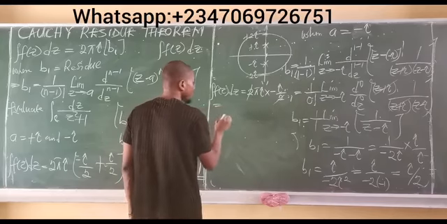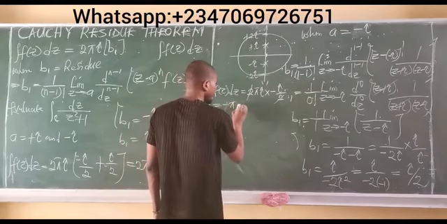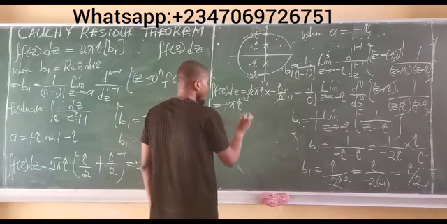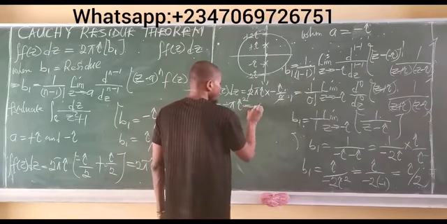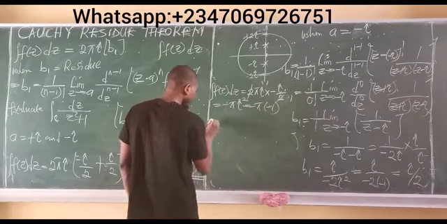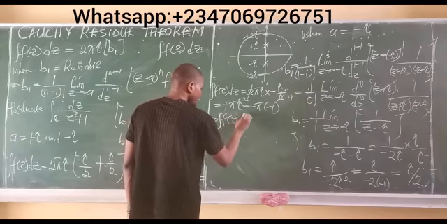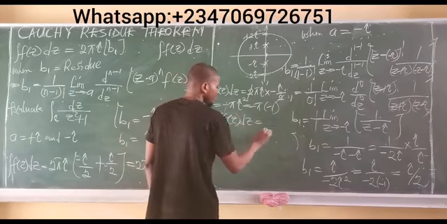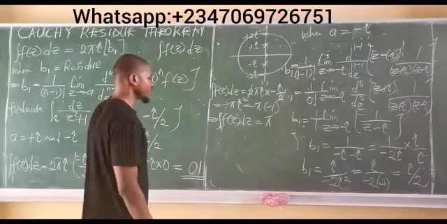So you have this equal to pi, or minus pi because of this minus sign, times i squared, and i squared is minus 1. So this is simply minus pi times minus 1. Hence, the integral of the function f of z dz is simply equal to pi. So you can call this the first integral.